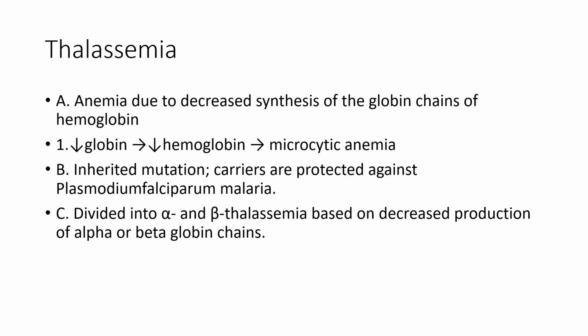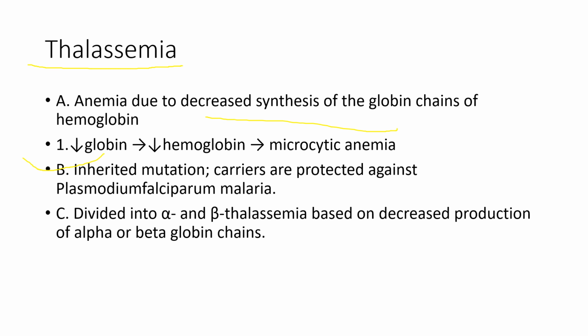Now let's talk about the options given in the question. Thalassemia is an anemia due to decreased synthesis of globin chains of the hemoglobin. As we all know, hemoglobin consists of heme and globin. As globin is less in the body, it will cause decreased hemoglobin, and this will cause a microcytic anemia.